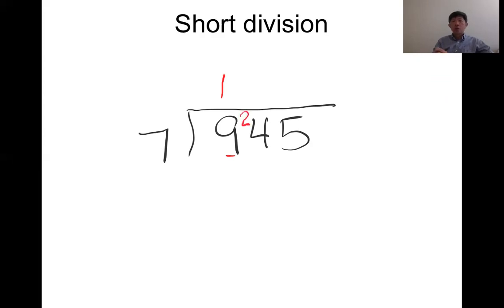Next, 24 divided by 7, what number fills in? It's 3. So 24 minus 21, how many? We have 3 left over, so the remainder is 3, put the 3 there. So 35 divided by 7 is 5. So the answer is 135.